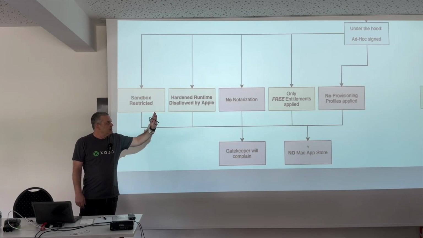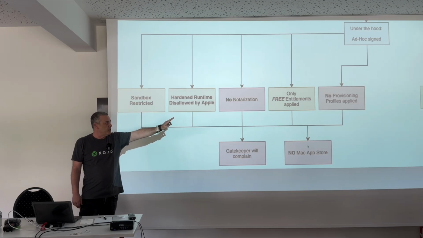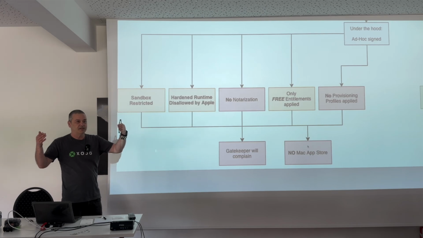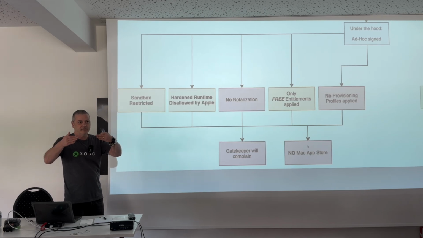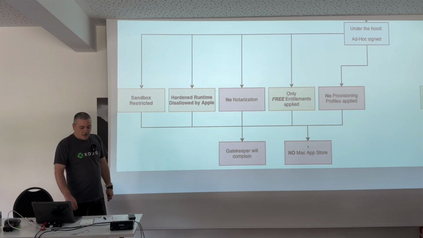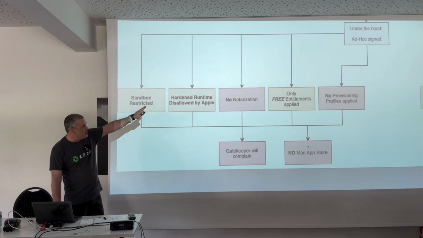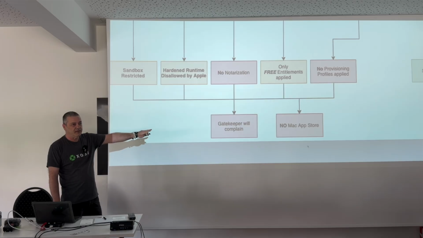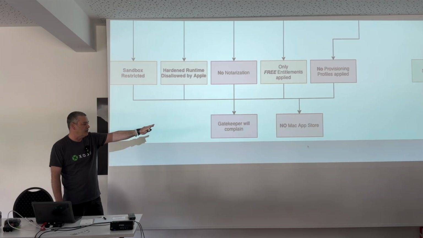And you won't be able to use provisioning profiles. Provisioning profiles and entitlements are somehow related to each other. Of course, if you choose this path, Gatekeeper will kick in and will disallow executing your app on other computers. And of course, you won't be able to distribute your app on the Mac App Store.